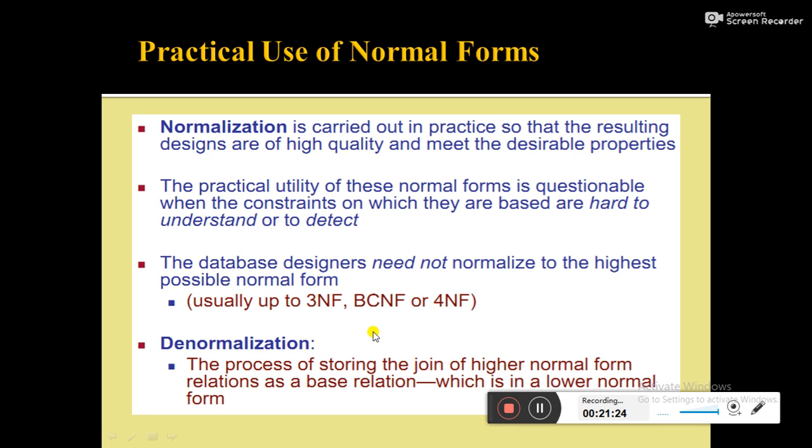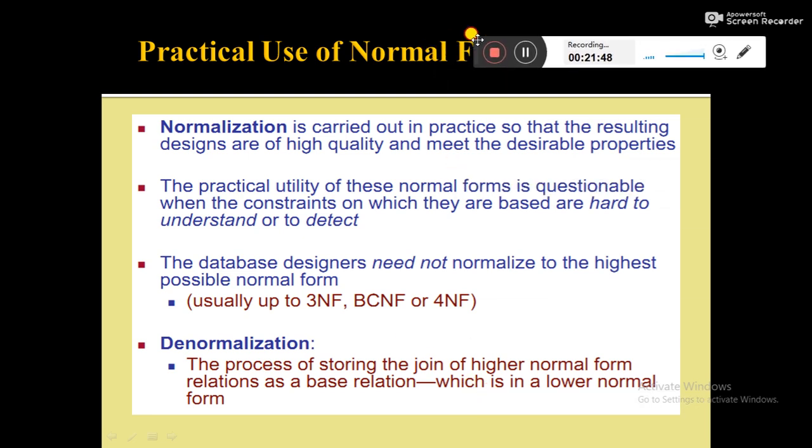This is almost perfect. No need to normalize to a much higher level like 4NF, 5NF. If we normalize the relation up to 3NF or up to BCNF, then it will produce a good relational database.